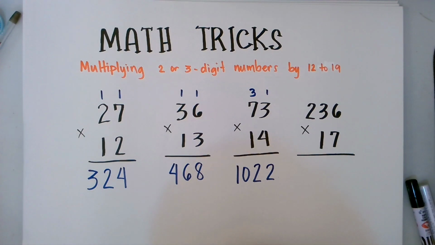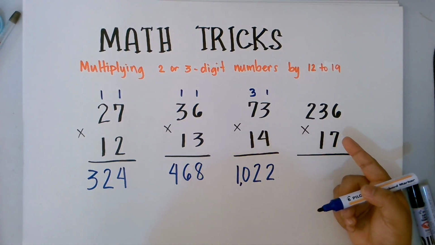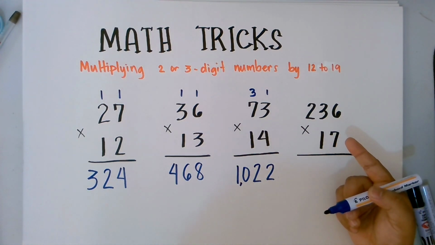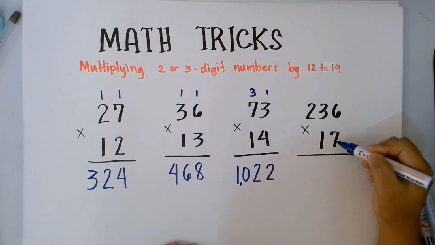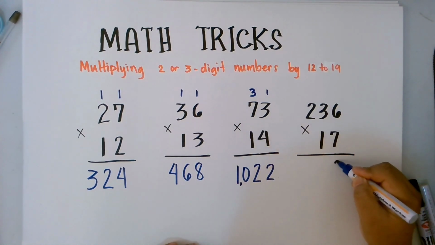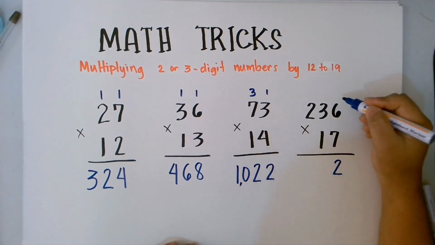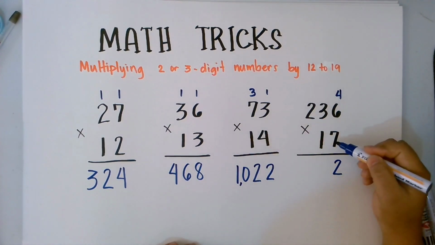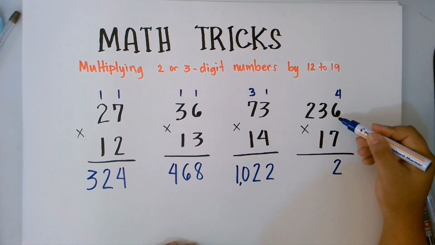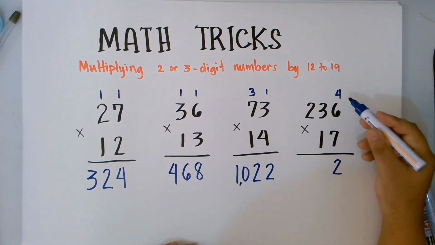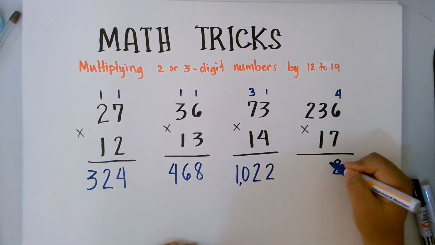Okay, so for the last example, we have 236 times 17. Okay, so let's multiply the ones digit. So 7 times 6, that is 42. So let's write 2 here and yung 4 sa taas ng 6. Then 7 times 3, 21, plus 6, 27, plus 4, 31.